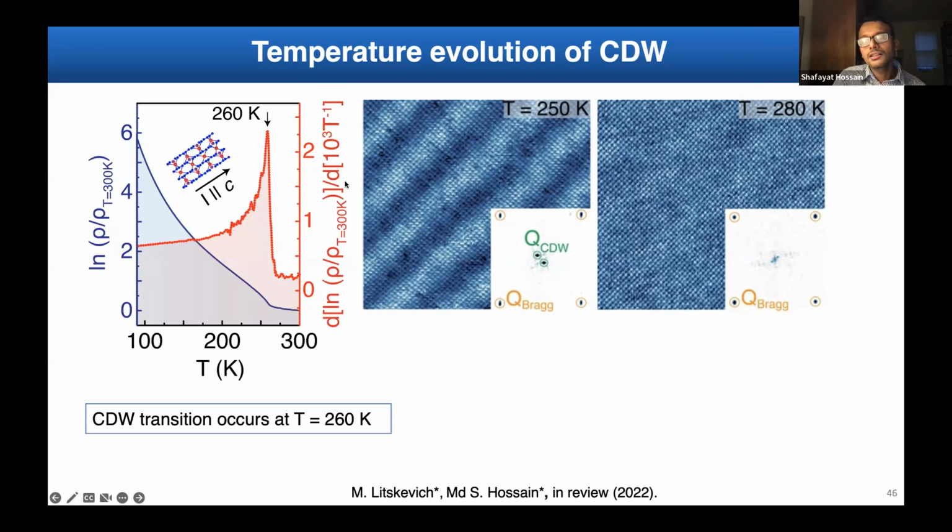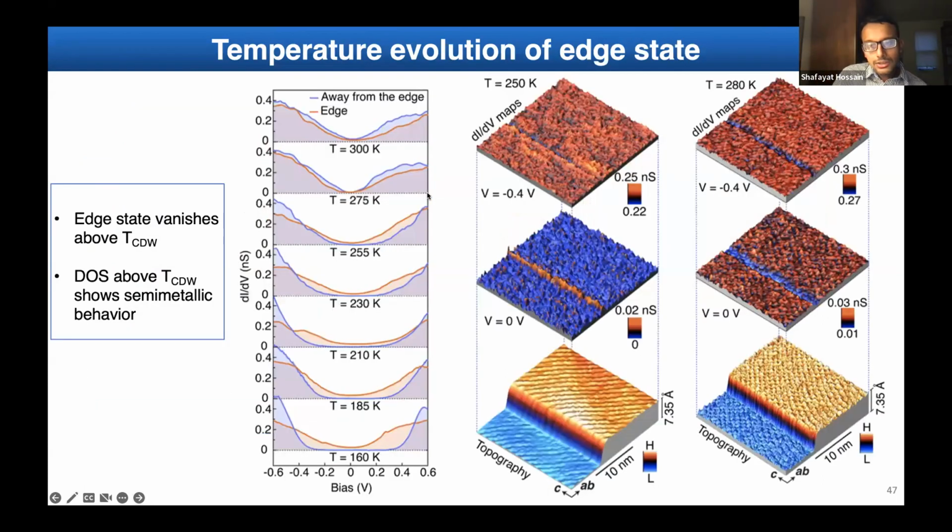This charge density wave state disappearing matches well with the expected charge density wave transition temperature from transport measurements. All right. So then we can look into the temperature dependence of the edge, and see what happens as we cross the charge density wave transition. At lower temperature, below the T_CDW, there is this bulk gap, and also a gapless edge state.